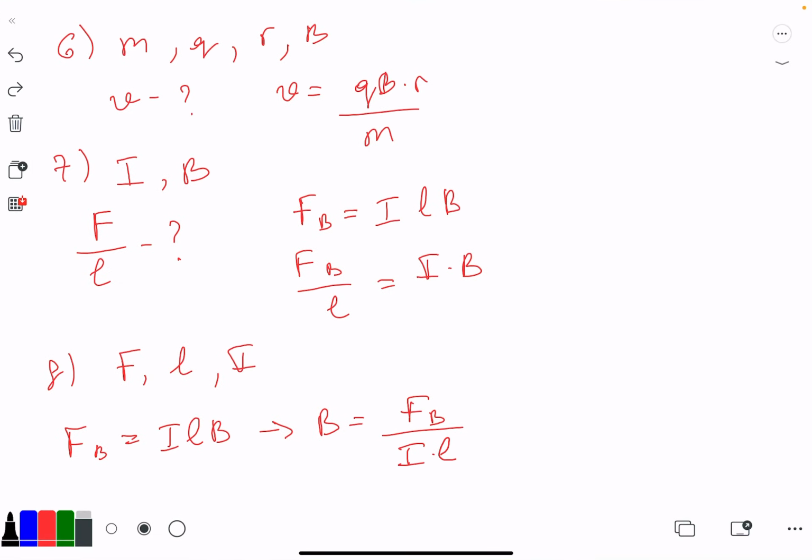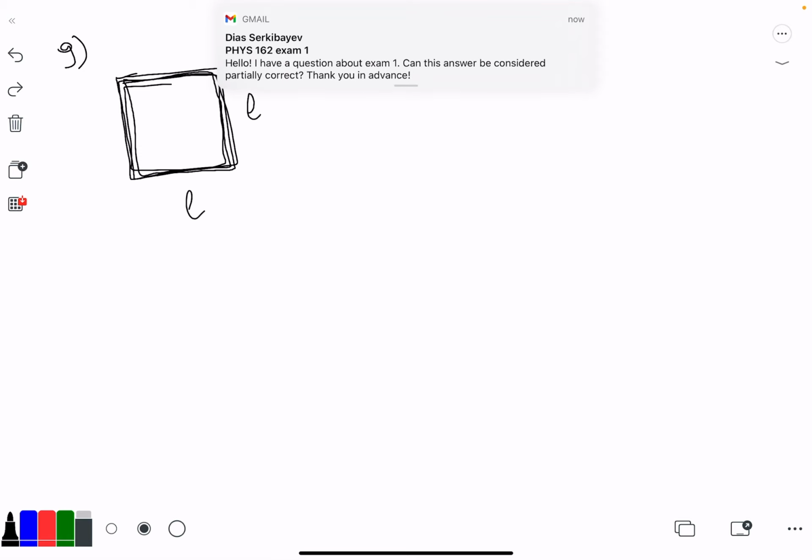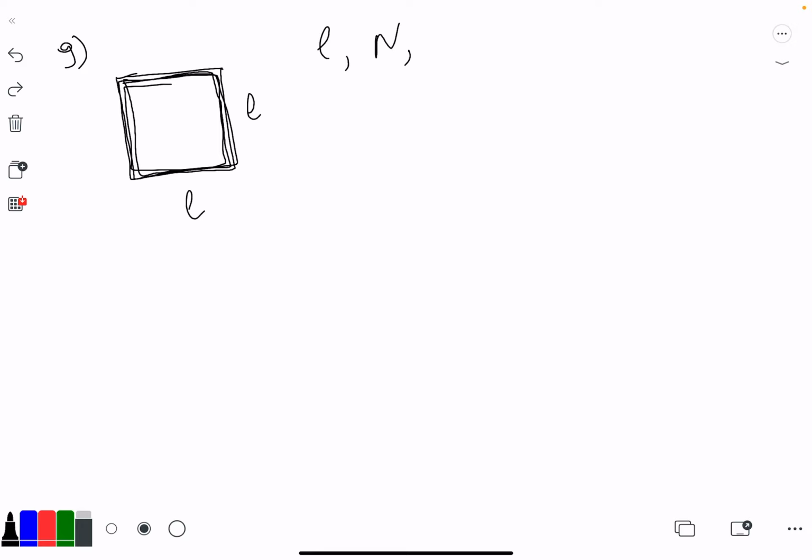Let me write down all the given values. Problem number 9, we have a square loop, the sides are given, which is L, and the number of turns, so it means there are many of these loops. L is given, the number of turns is given, the magnetic field is given, and the current is given. You have to find the torque.